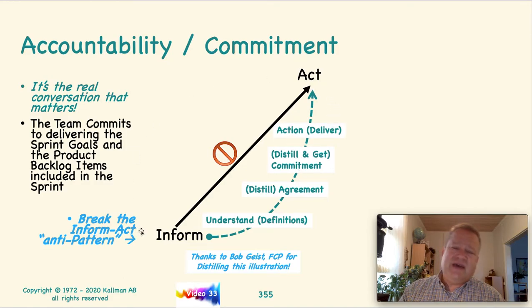And then the feedback loop is the drive. That's how you break the inform-act cycle. This has been out there for a long time, and it's the real conversation that matters. The teams commit to delivering the sprint goals and the product backlog items included in the sprint. That's why the goals are really important for each sprint, more important than points.